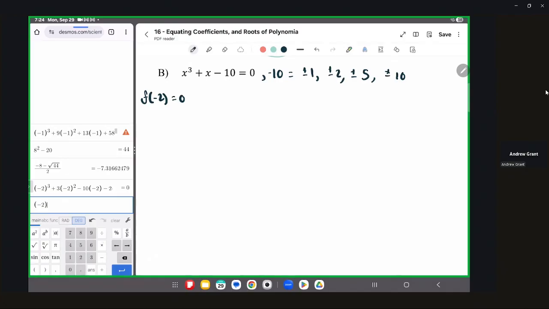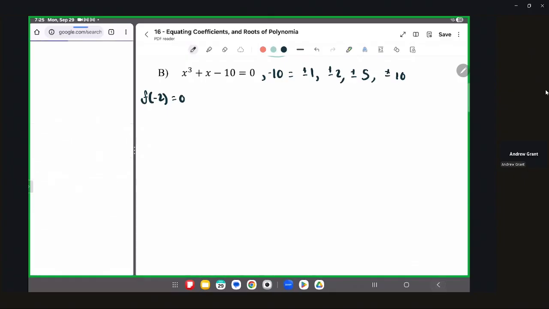So if I take negative 2 cubed plus, in brackets, negative 2 minus 10, oh, that didn't work.